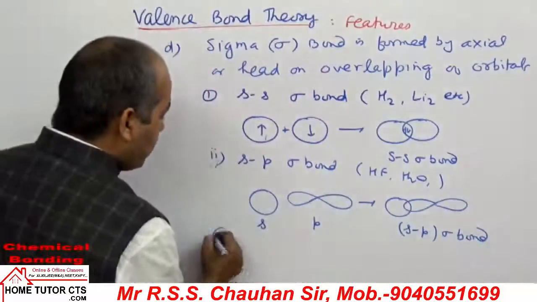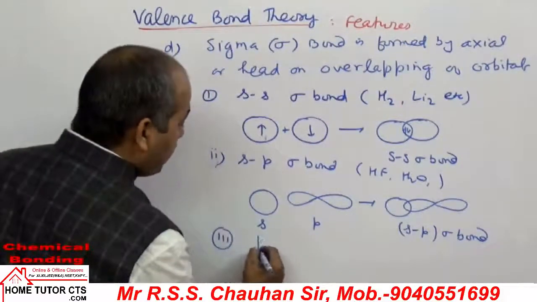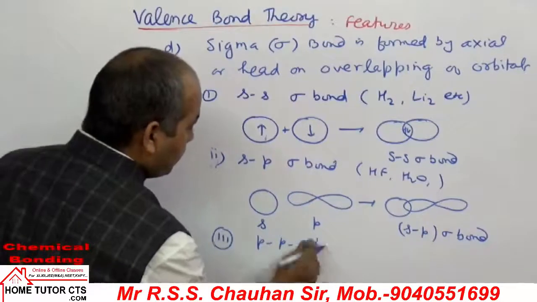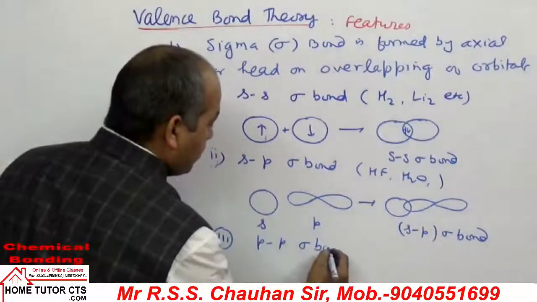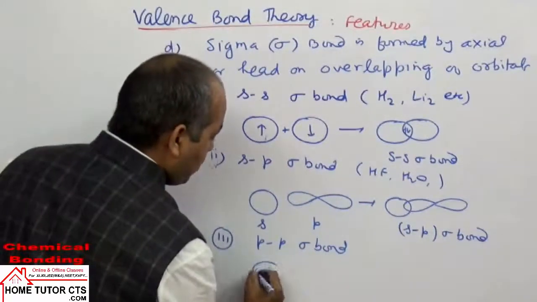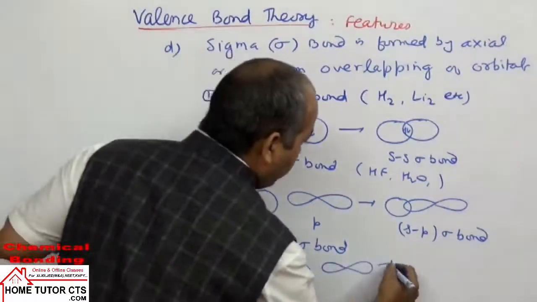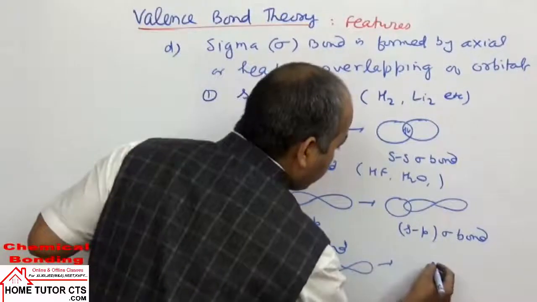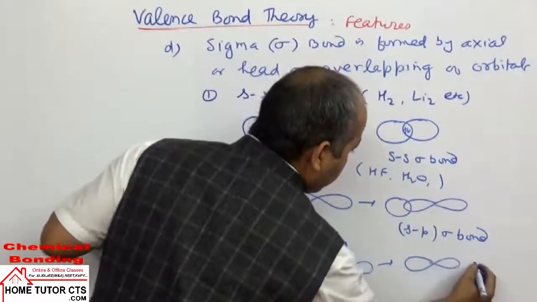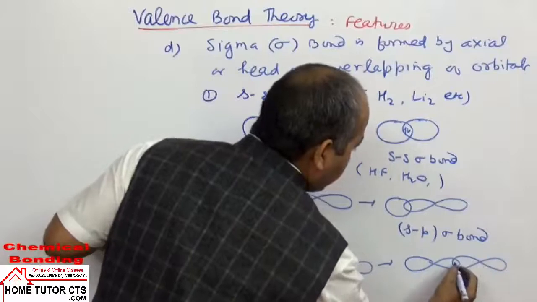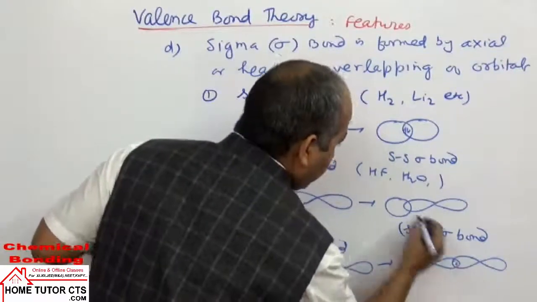Or we can have the third, the PP sigma bond, when there is overlapping of p orbitals. This is the overlapping extent.